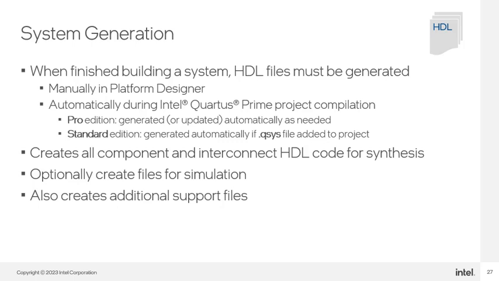It can be performed either manually in Platform Designer or automatically during compilation of the main Intel Quartus Prime project. System generation is much faster than compilation, so manual generation lets you fix issues with the system without interrupting a potentially lengthy compilation. Once the system is set up properly, you can let it be regenerated as needed automatically during compilation.